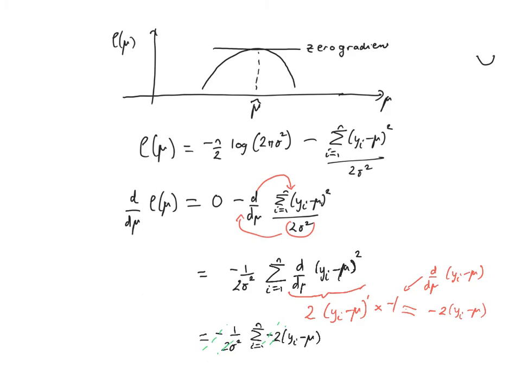So we end up with 1 over sigma squared, the sum from i equals 1 to n of (yi minus mu). So that's an expression for the first derivative, the slope of the log likelihood function at any value mu.